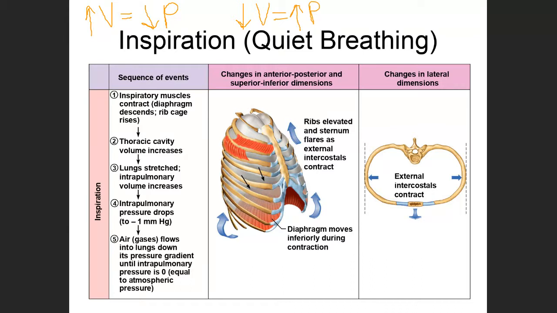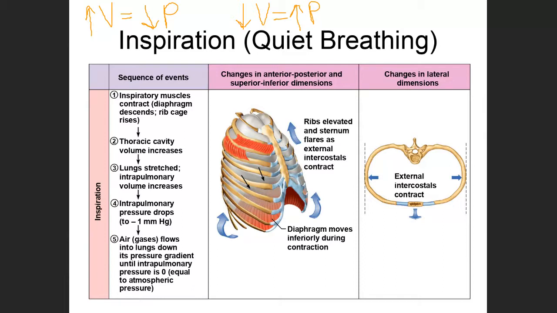If you think about the lungs, they're basically a container that's full of air, and they follow this relationship. If you increase the volume of the lungs, the pressure inside of them is going to drop. If you decrease the volume of the lungs, the pressure within them increases.